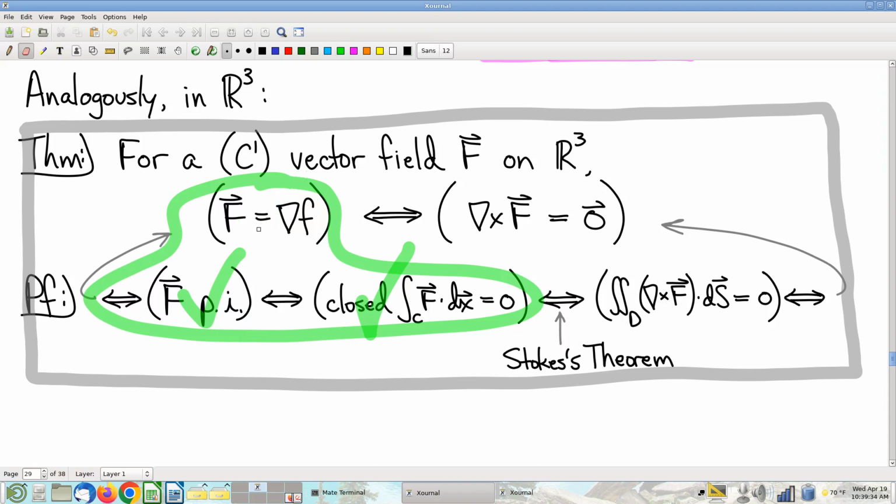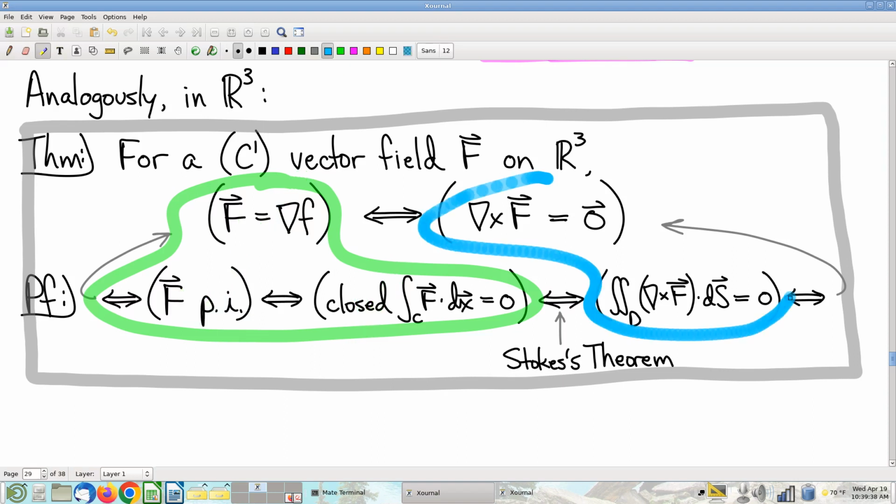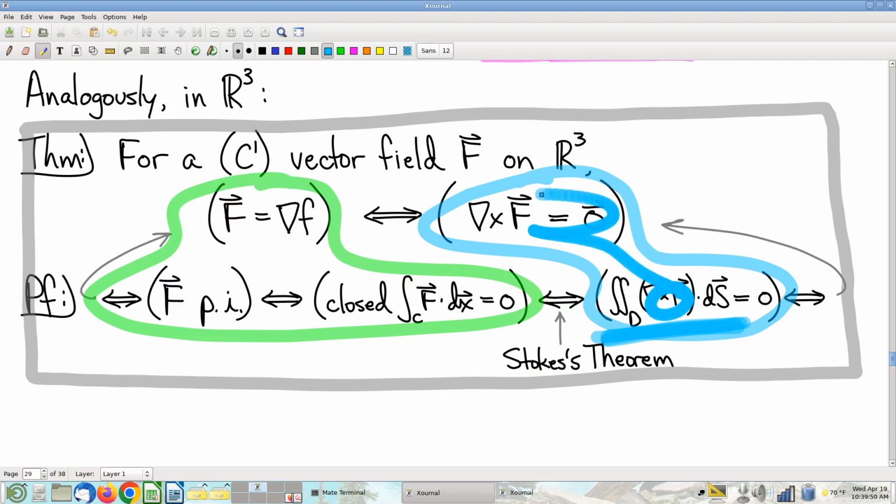Again, that's old news. I'm going to observe analogously that if you have a flux that's 0 through every surface, no matter what surface you're looking at, well then that integrand has to be 0. Morally equivalent observation as we made in 2 dimensions. And the connection between these 2 statements is our new theorem.